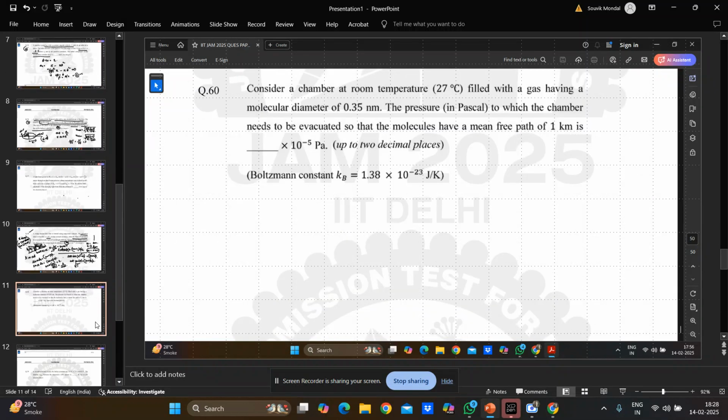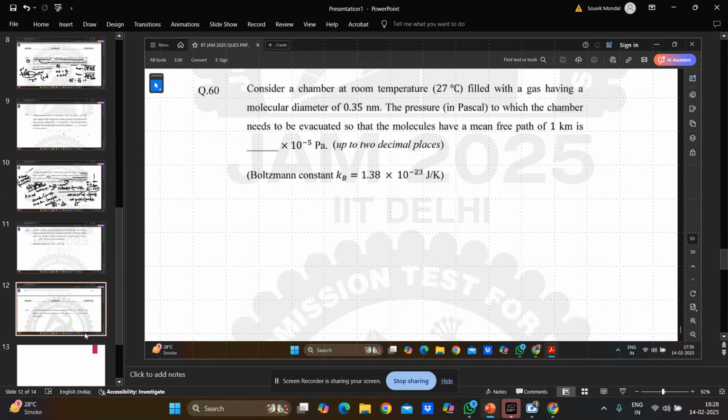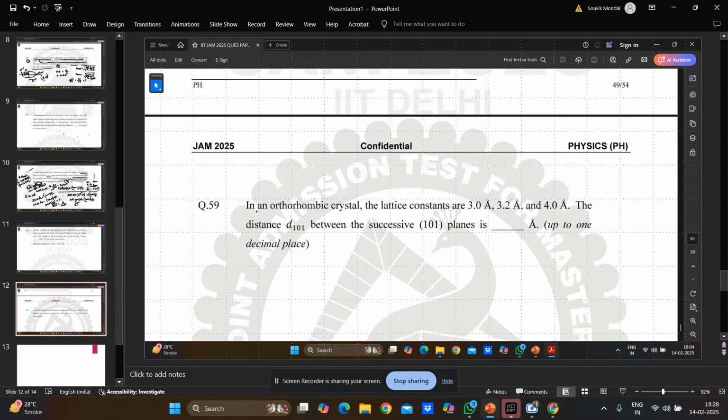Problem 59 is an easy problem, you can solve it. An orthorhombic crystal has lattice constants a, b, c as given, and we need the distance d101 between successive planes. So you basically have to directly apply the formula: 1 by d is equal to h square by a square plus k square by b square plus l square by c square, whole to the power half.